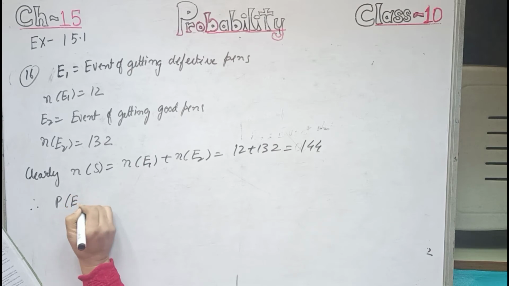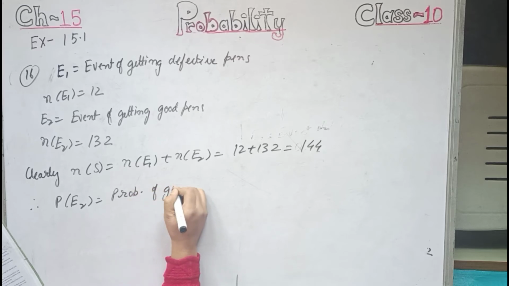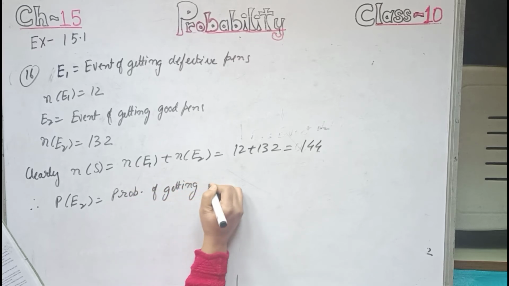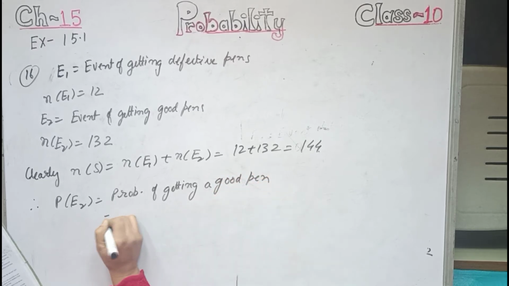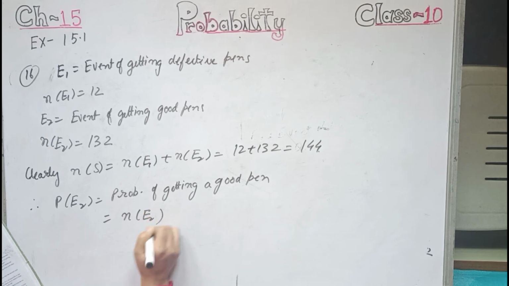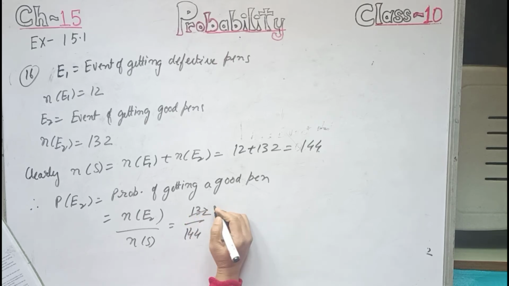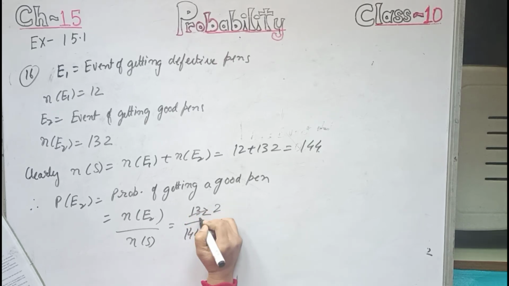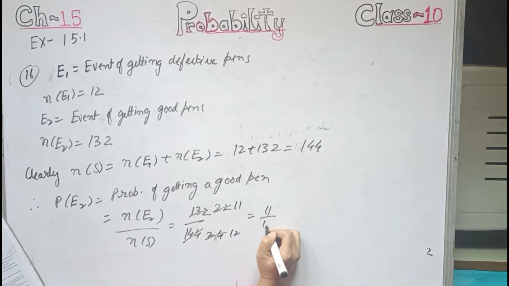P(E2) equals probability of getting a good pen equals n(E2) by n(S) equals 132 by 144. So equals 11 by 12.